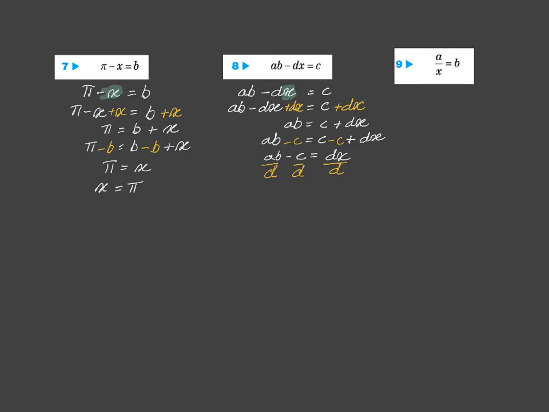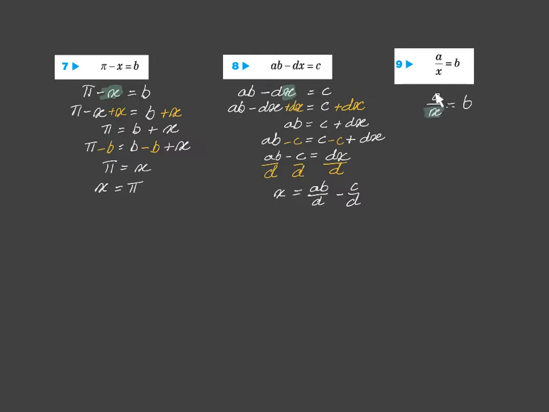I'm going to start with the right-hand side, sorry. So d over d gives me 1, and so I have 1x is equal to, and now the left-hand side, ab over d, which cannot be simplified, minus c over d, which also can't be simplified.